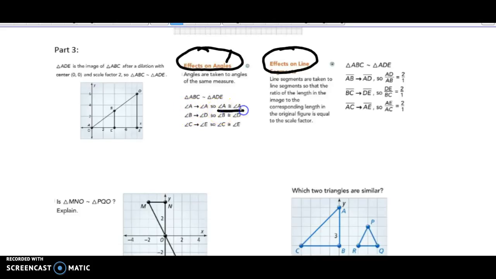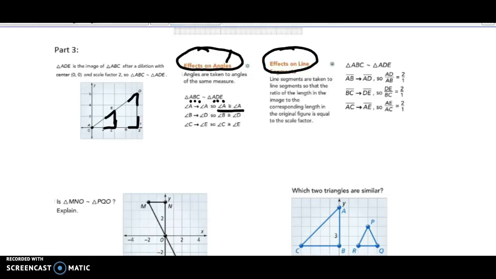Notice angle A is going to be congruent to angle A. In this triangle, angle B is going to be congruent to angle D, and angle C is going to be congruent to angle E. So my corresponding angles are going to be equal to each other. A is equal to A, B is equal to D, and C is equal to E.